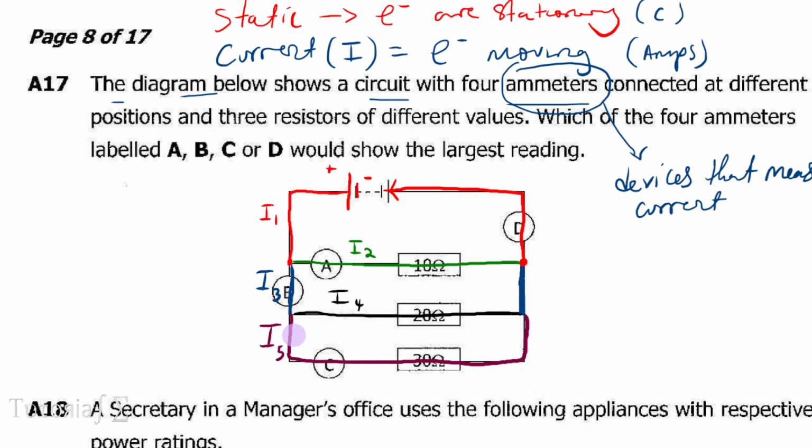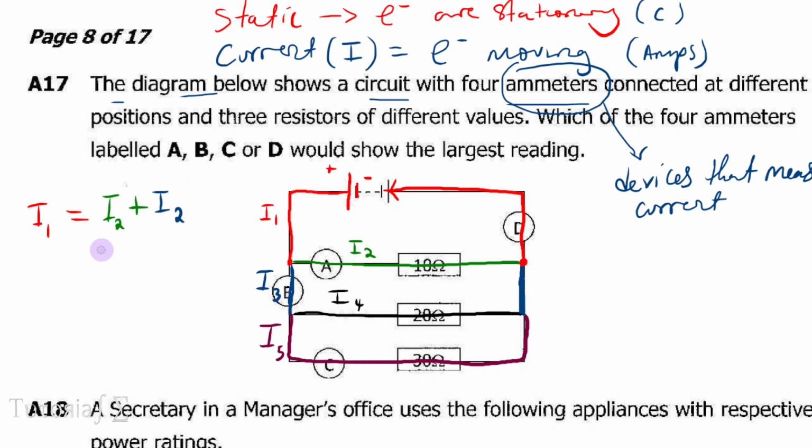In simple terms, current 1, the current in red here, when it splits, is equal to the current in green, which is current 2, plus the current in blue. Again, when the current in green rejoins with the current in blue, they will make the current in red.